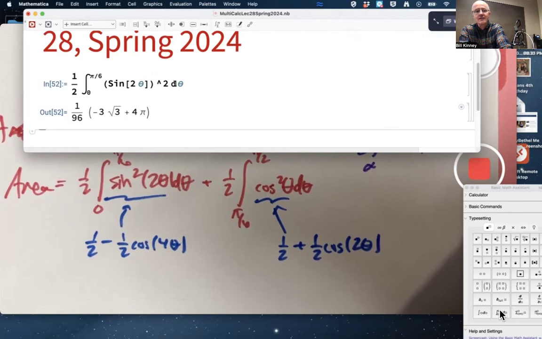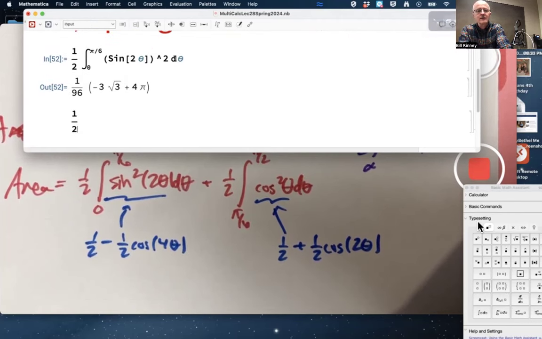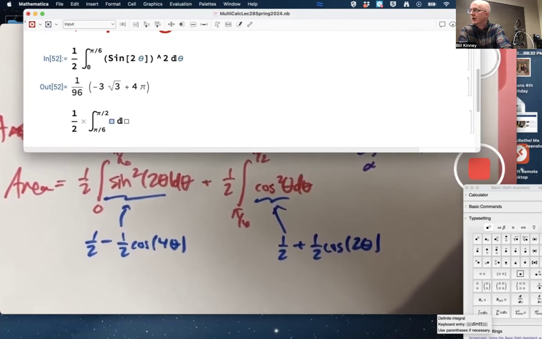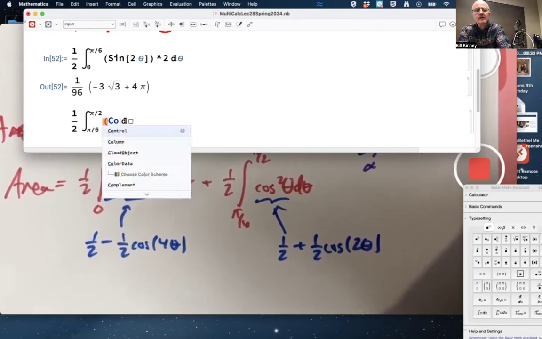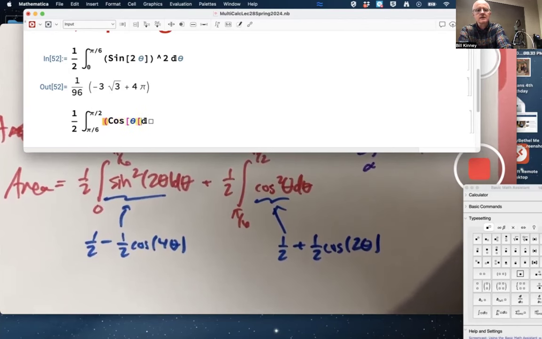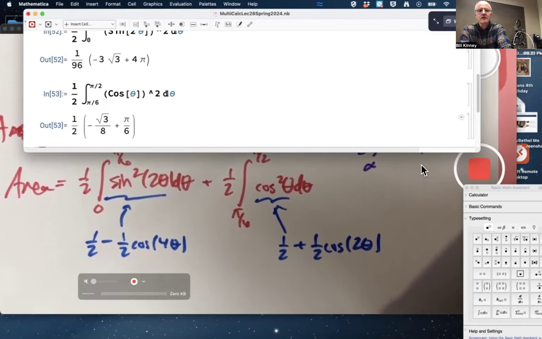And then for the other one, 1/2 times the integral from pi over 6 to pi over 2. To get exact values, you'll also need to remember exact values of sine and cosine. Cos theta squared. Still kind of complicated.